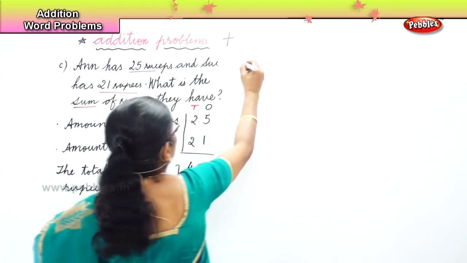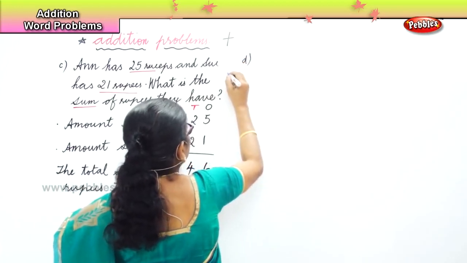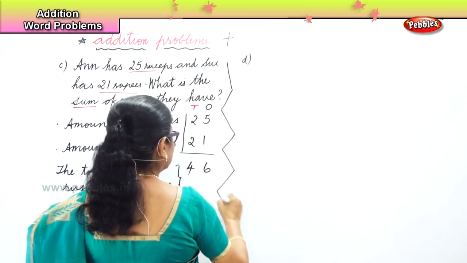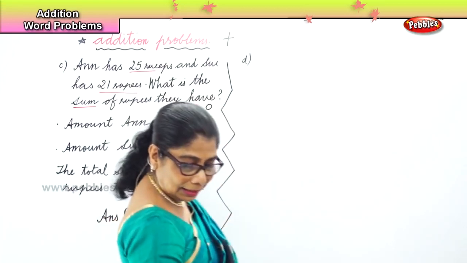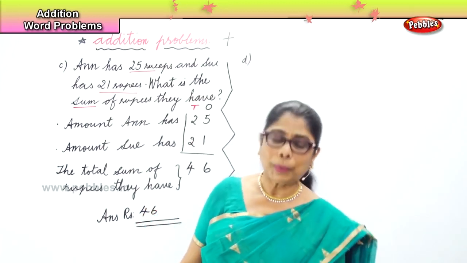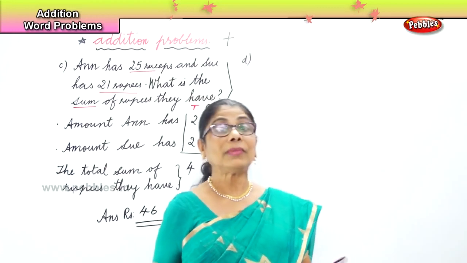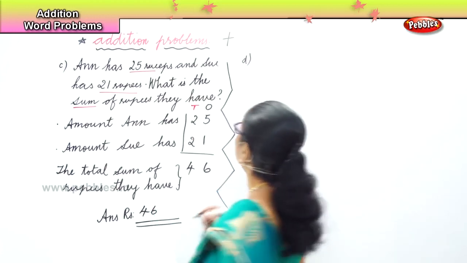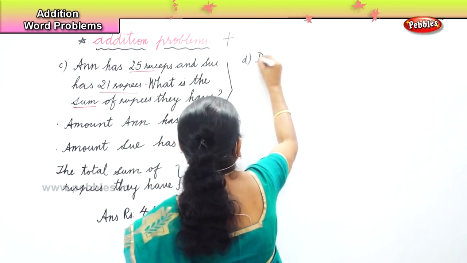Now we will do another problem. Okay, so let's write another problem. The next story problem is: Divya has 40 stamps. Another story.